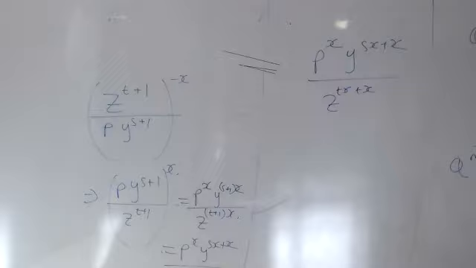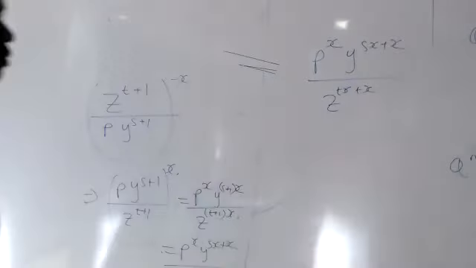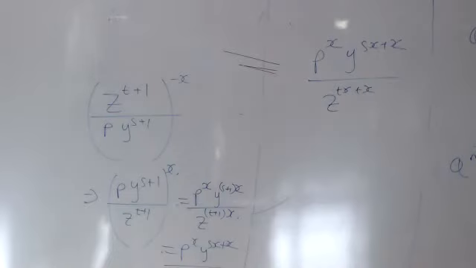Excuse me, sir. I have a question before we proceed to the next question. If I'm not wrong, there was a time when we were learning about negative exponents, we said that a to the power of negative n can also be written as 1 over a to the power of n. So what I did is, instead of changing them, or putting p y to the s plus 1 as the numerator, I just put this whole thing as another fraction.